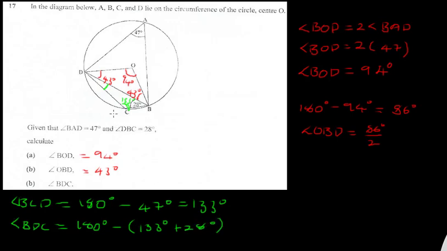You understand why we've done that? Angles in a triangle add up to 180. We have a triangle there. So this plus that should give us 180 degrees. And this is simply equal to 19 degrees. So therefore, angle BDC equals 19 degrees. And that is how we go about that.